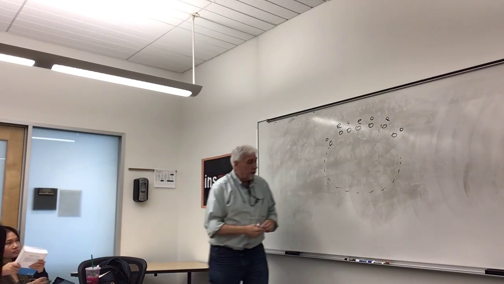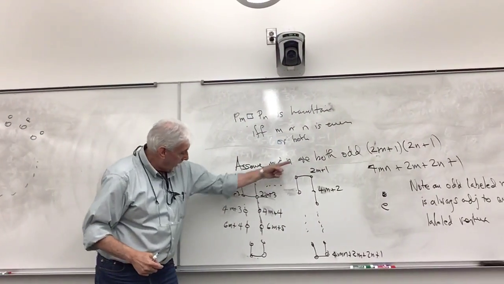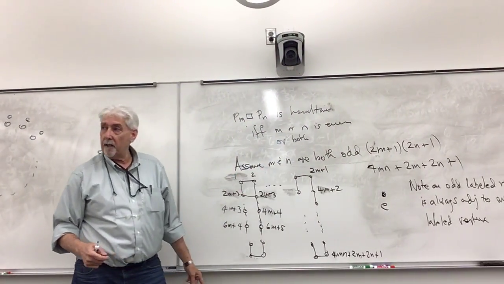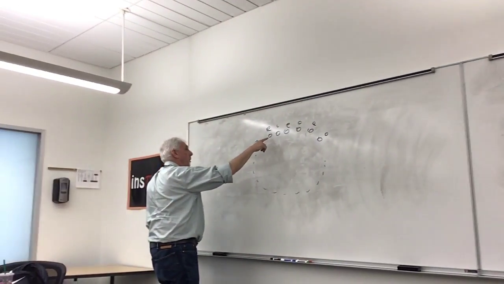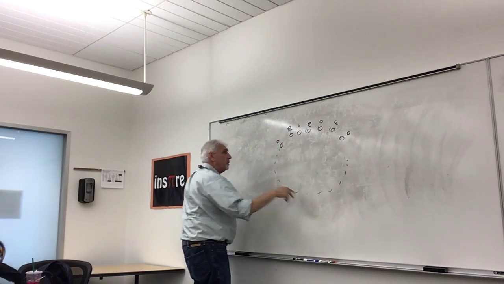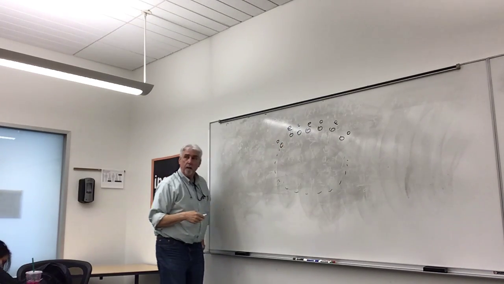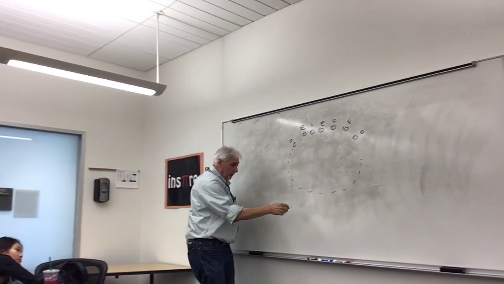It is an odd. So there's an odd number of vertices here. If this was Hamiltonian, I would pair these off in pairs, and it would be an even number. Okay, so this would be a contradiction.